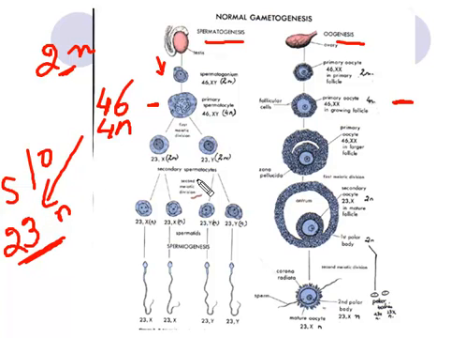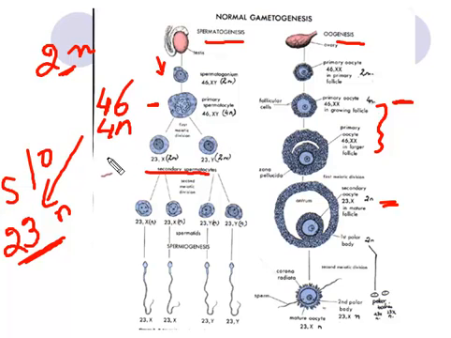So let's look at the process here. In the first meiotic division, the primary spermatocyte becomes what is known as a secondary spermatocyte. And a primary oocyte becomes a secondary oocyte. So at this point everything becomes half.